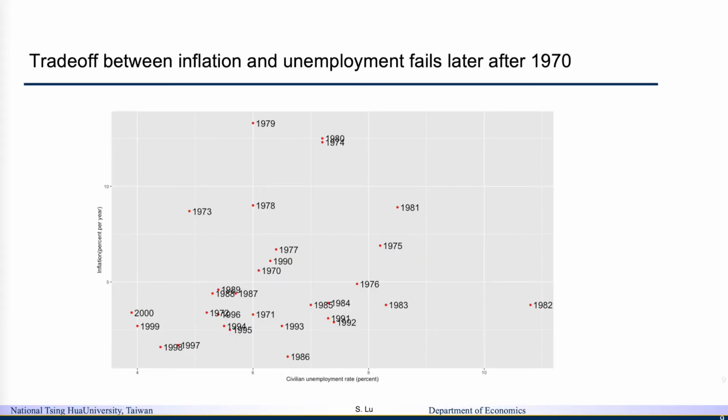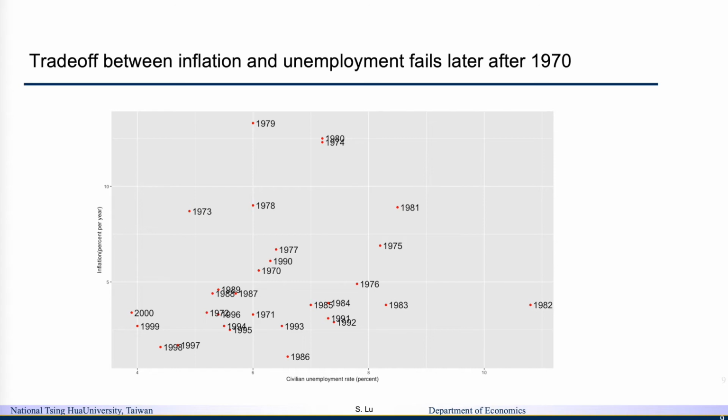So now let's look at the data for the inflation rate and unemployment rate after the 1970s. As you can see from this graph, the vertical axis shows the inflation rate and the horizontal axis shows the unemployment rate. If we plot the scatter plot for these two variables for the data after 1970, we find that this negative relationship no longer holds.